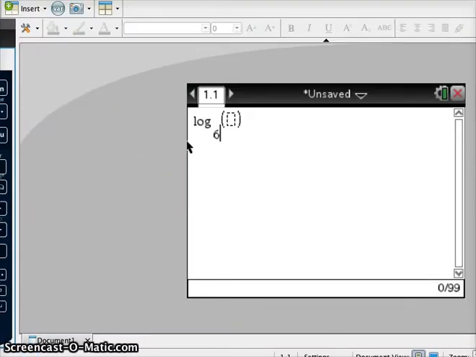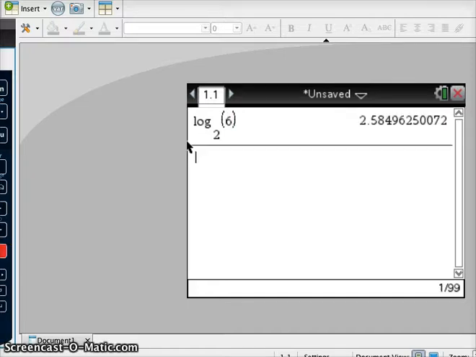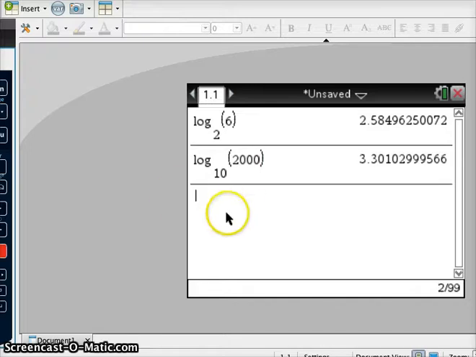Sorry about that. Delete, log base 2 of 6, and we can press enter. And also we wanted to do log base 10, control logarithm, log base 10 of 2000, and we'll get our answer there.